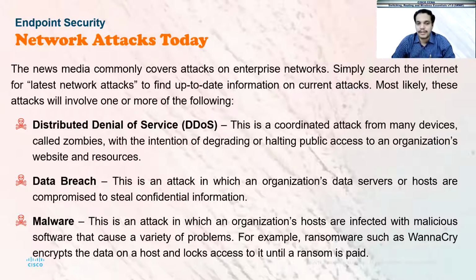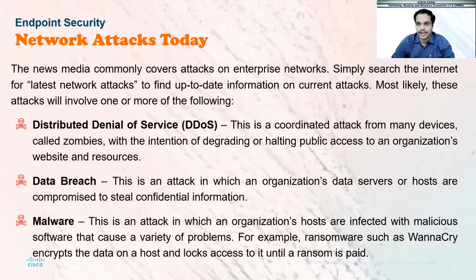The third one is malware. In this kind of attack, usually the hosts in an organization's network are targeted and infected with malicious software that can cause a variety of problems. The worst thing is called ransomware. The best example is WannaCry, which encrypts the data on a host and locks access to it until a ransom is paid.